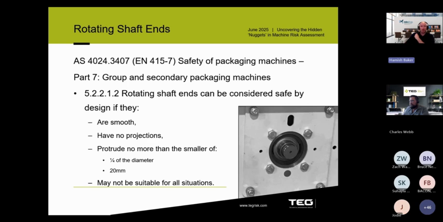Well, these things help support that argument if you deem that's appropriate. So again, robust risk assessment still required, but it's the sort of thing that you can throw into your argument to say why you may not put a cover or a bearing cap over a rotating shaft on a conveyor in certain really difficult circumstances.